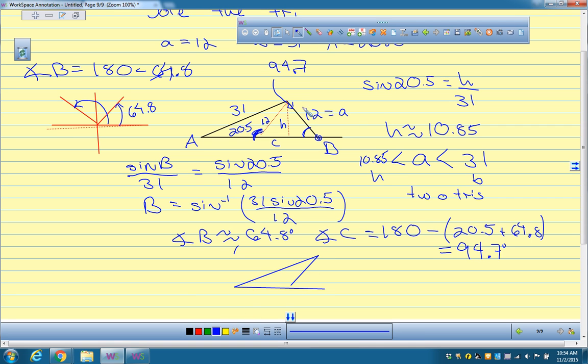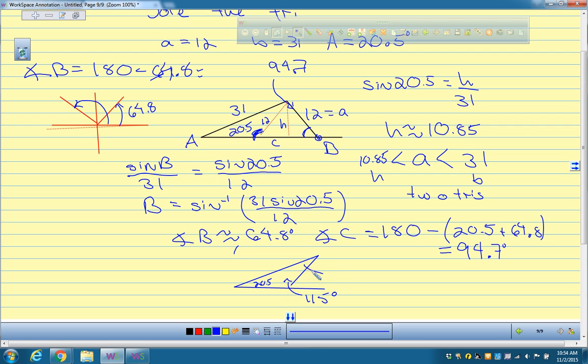Where this angle here is what? What's that angle? 64.8 minus 180, or from 180? 115.2. Thank you, Mitch.